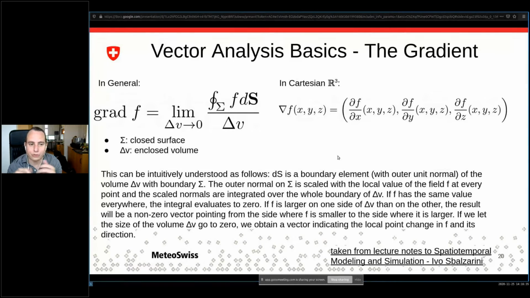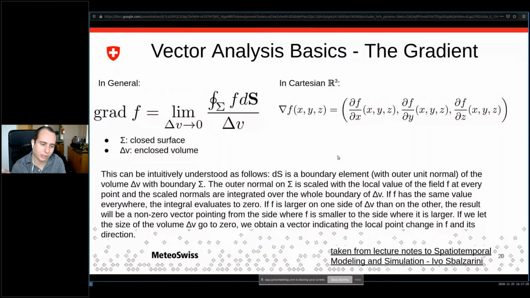And for these vector analytical quantities, there is always a general formulation, which is true on Cartesian meshes, on Cartesian coordinates, on spherical coordinates, on curvilinear coordinates, pretty much whatever you choose. And on the right-hand side, you have the more familiar formulation on the Cartesian mesh. Now, it turns out that if I want to develop an intuitive understanding of the quantity in question, the more general formulation is the one which is more intuitively clear to me.